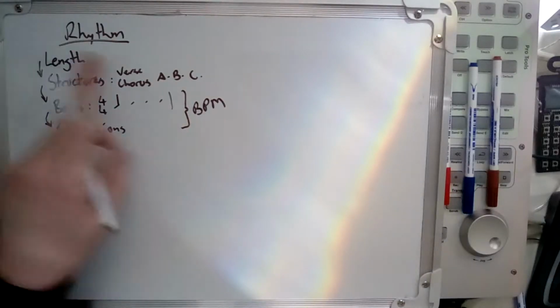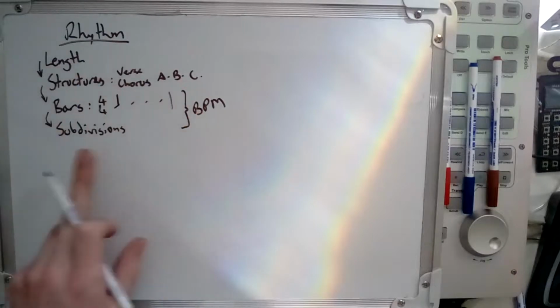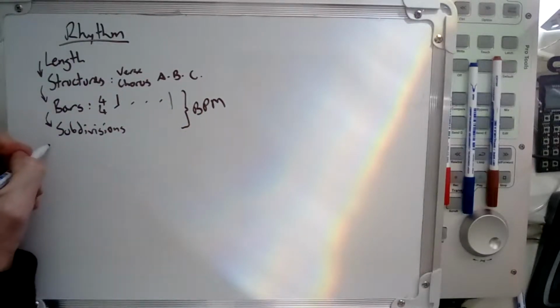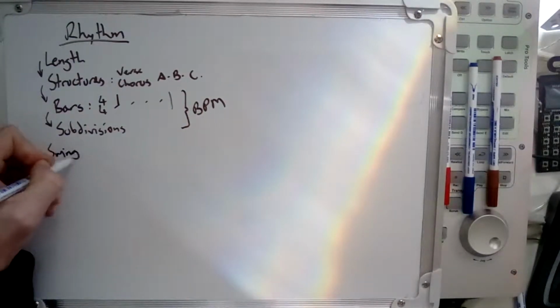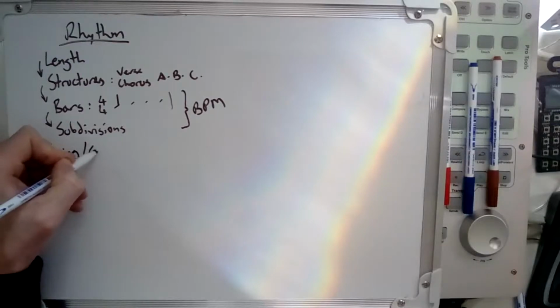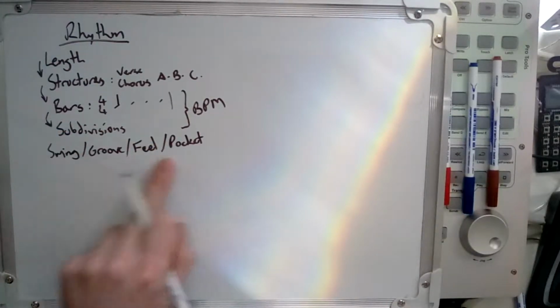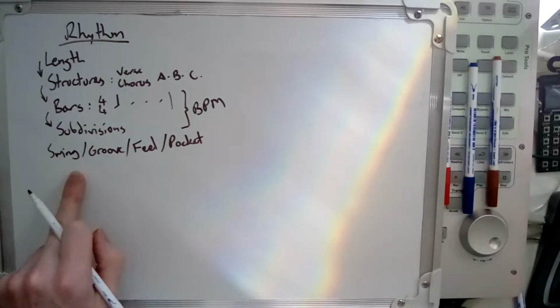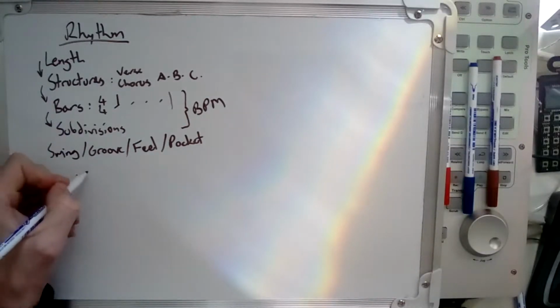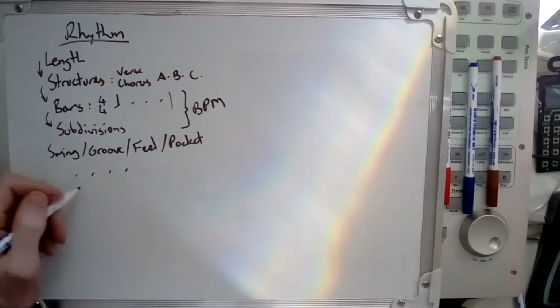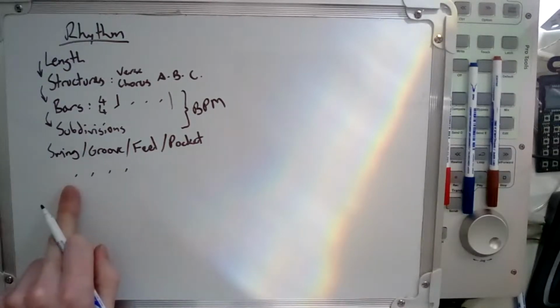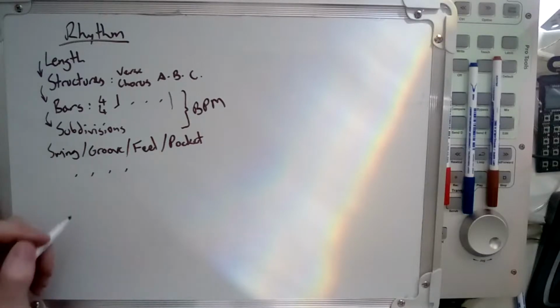And then other musical parameters that interact with all of these things include things like swing, or groove, or feel, or pocket, which are subjective words that we use to describe the detailed placement of our beats and sub-beats. Because a beat in music isn't an absolute thing.